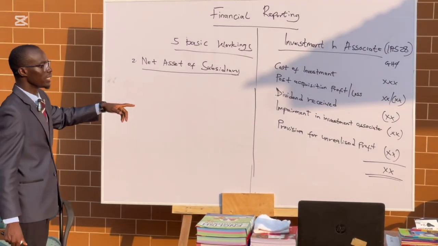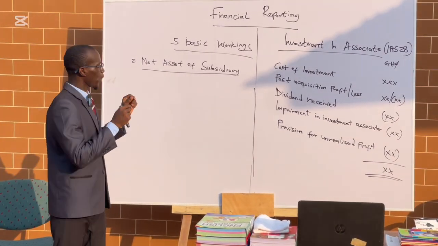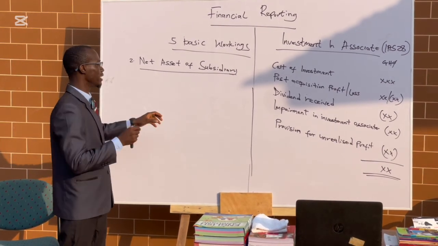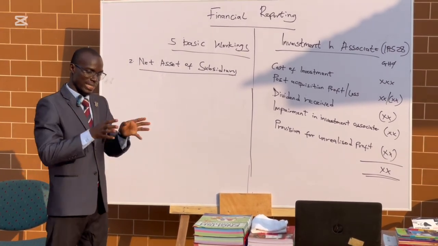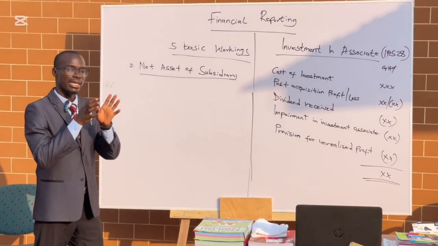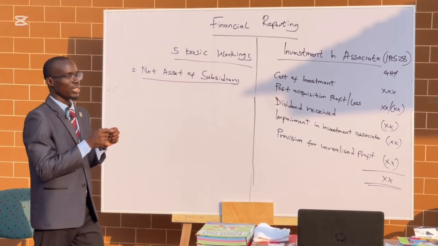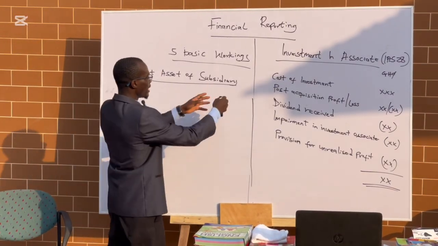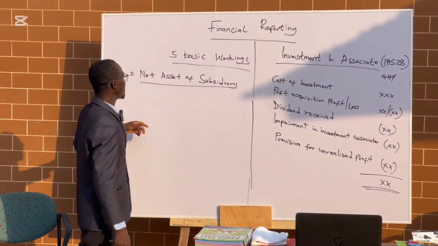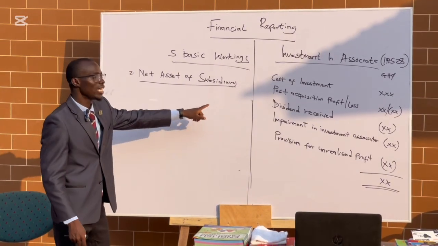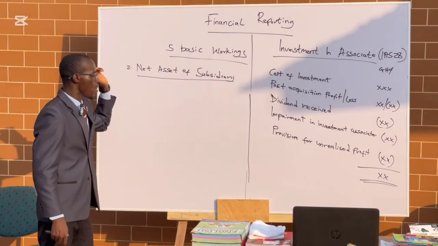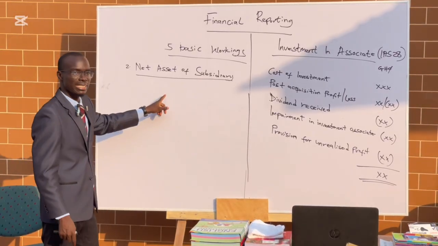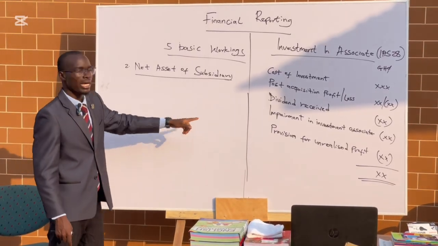So for you to do this, your mindset is supposed to be on the figures that are only related to the subsidiary. Because in the question you'll have figures for the parent and figures for the subsidiary. Anytime you are doing the net asset of the subsidiary, don't go and check anything at the parent side. Because the moment you do your group structure, you get to know whether Bernard Limited is a parent or a subsidiary.